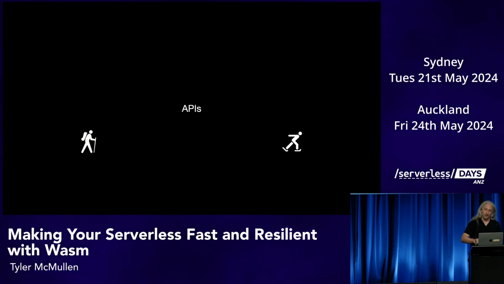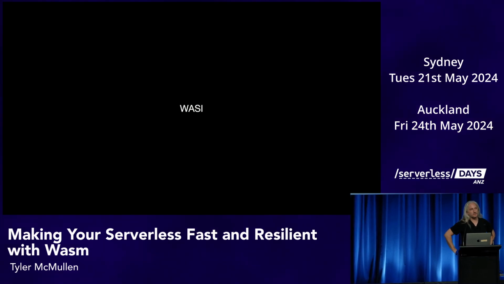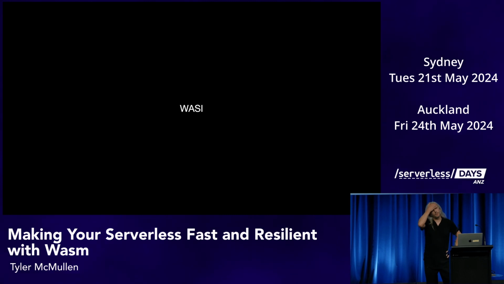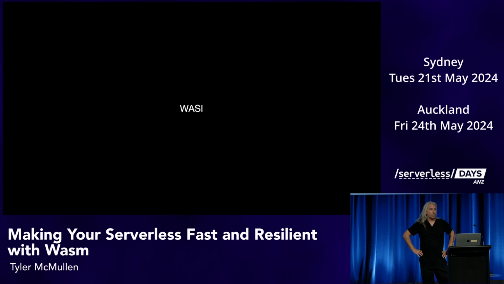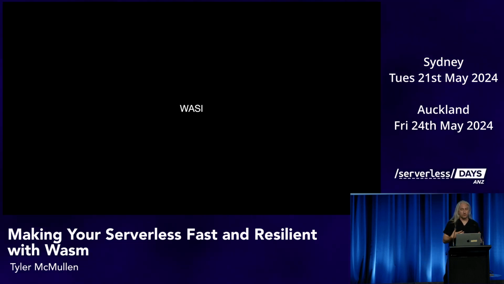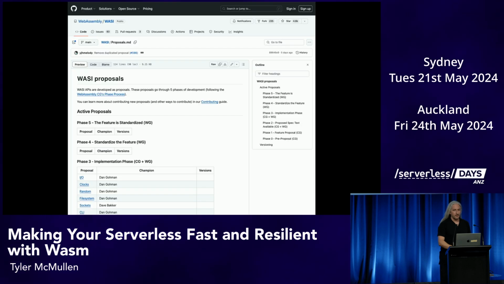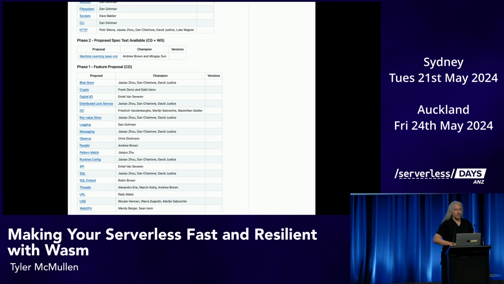So one of the things that comes along with this is something called WASI, the WebAssembly System Interface. It's a series of standard APIs that we have been working really hard on in the WebAssembly standards organizations to standardize, right? And the idea behind this is that you should be able to standardize a set of things and have them work across multiple different platforms.